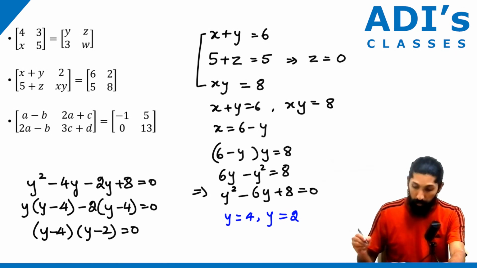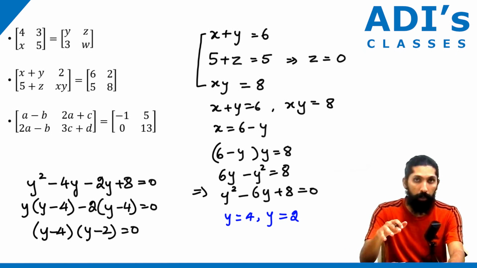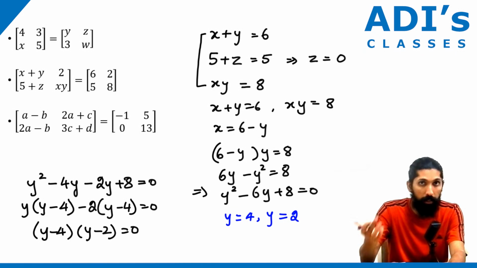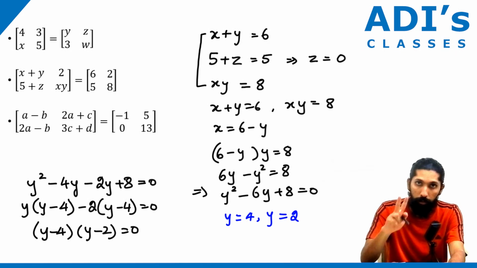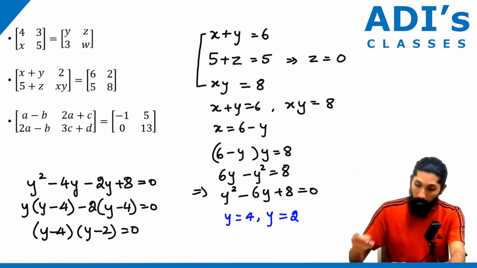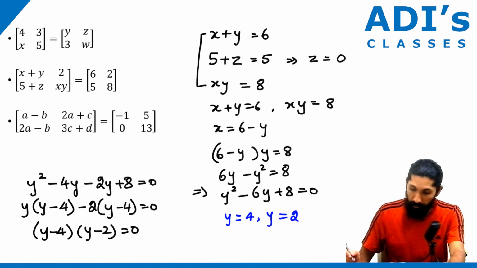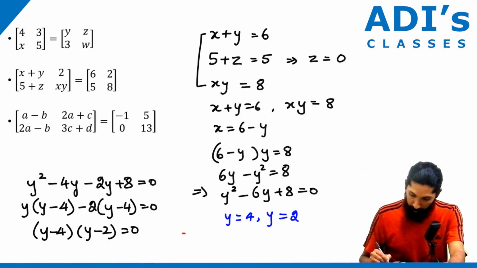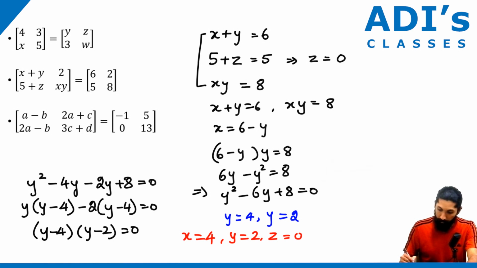Isn't it? That means when you have y value as 4, what will be the x value? X value will be equal to 2. Isn't it? When y value becomes 2, x value becomes 4. That means the final answer, what you can write, so x value is equal to 4, y value is equal to 2, and then z value is equal to 0.